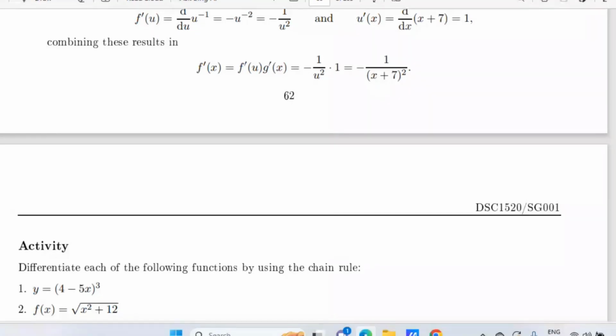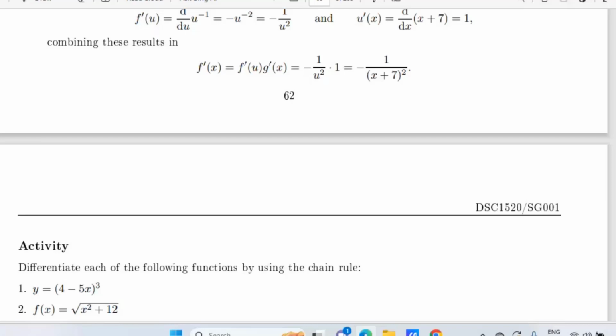Then our problem will read f of u, square root of u.